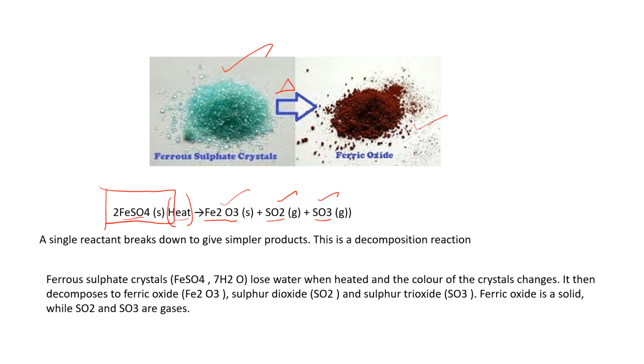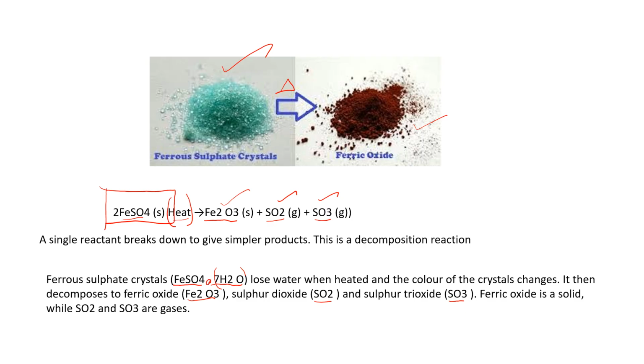Okay, so the actual formula of ferrous sulfate is FeSO4·7H2O. This 7H2O is called water of crystallization. When you're heating it, first it loses all the water molecules. And when you're further heating it, it forms ferric oxide, sulfur dioxide, and sulfur trioxide.